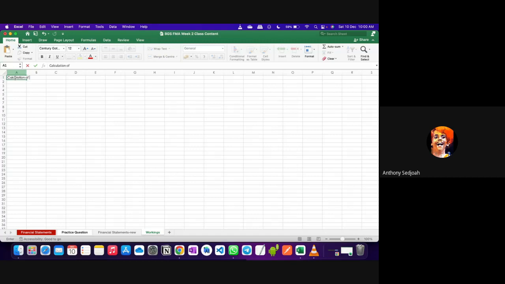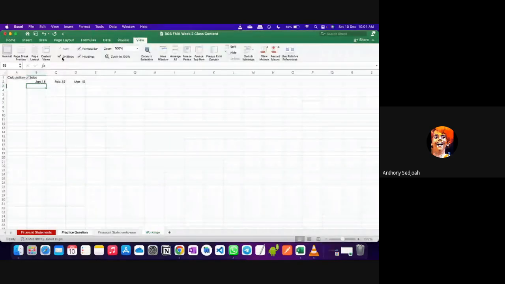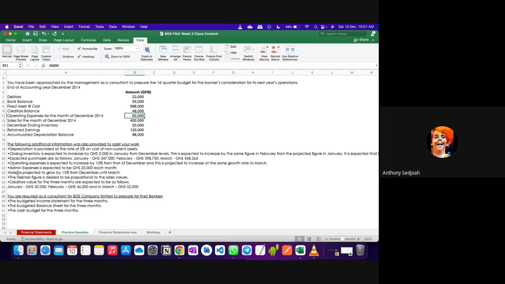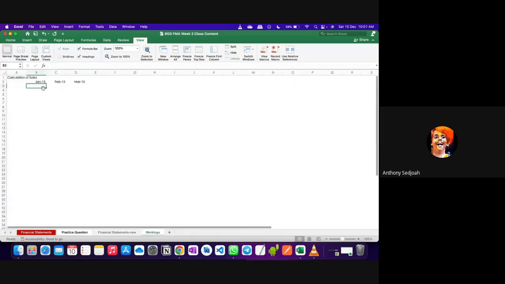So when I go to my workings sheet, calculation of sales. So, January 2015, February 2015, March 2015. Let me hide my grid lines. So in December 2014, the sales is 400,000. And then the question says it's expected to grow by 15%.